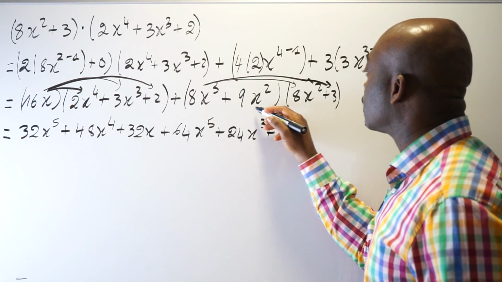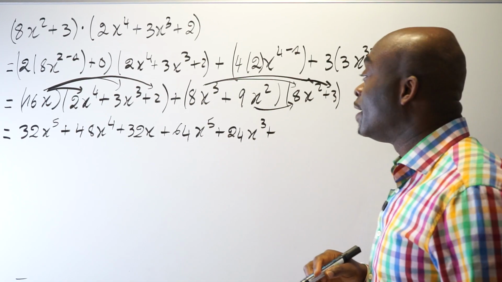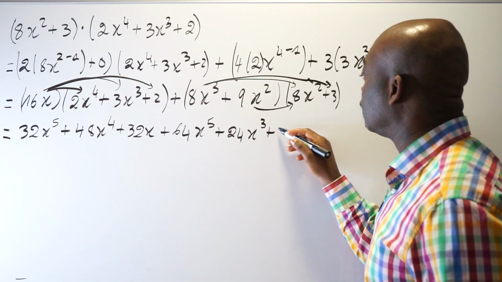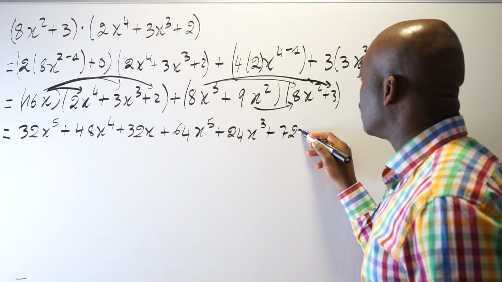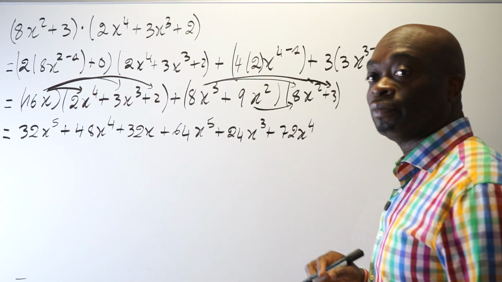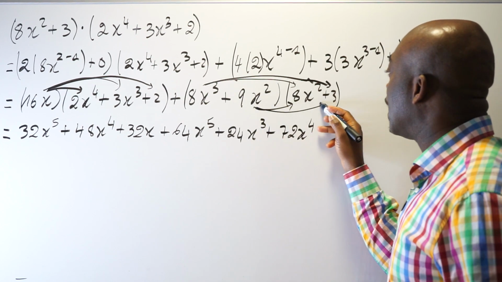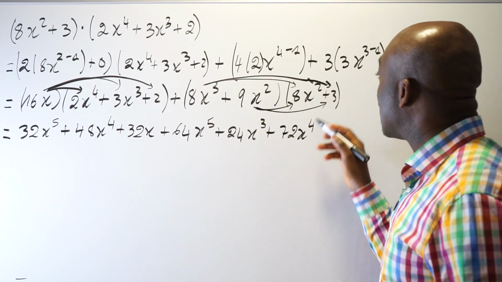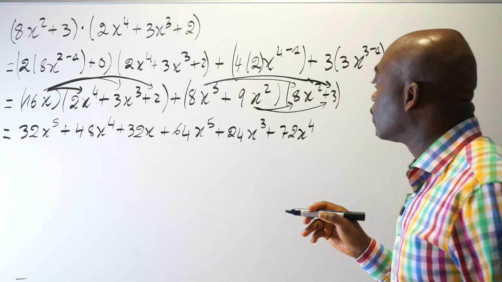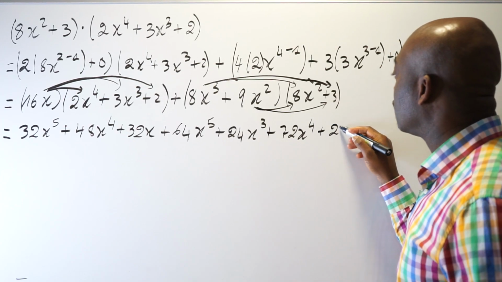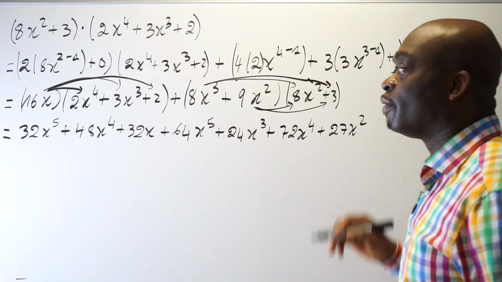Then plus 9 times 8, which is 72, so plus 72x to the fourth power. Then 9x to the second power times 3 is 27x to the second power.